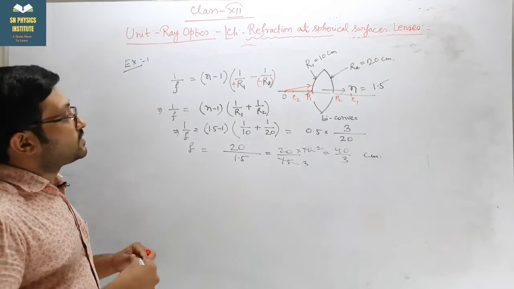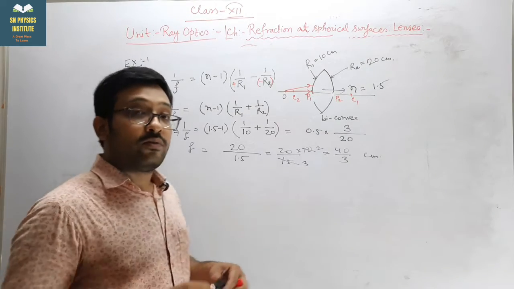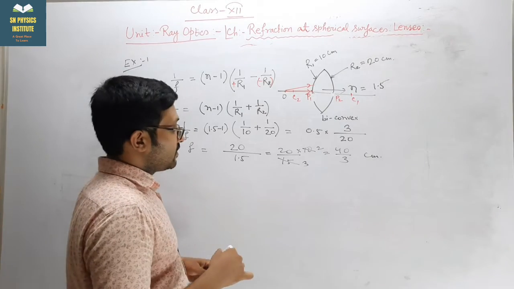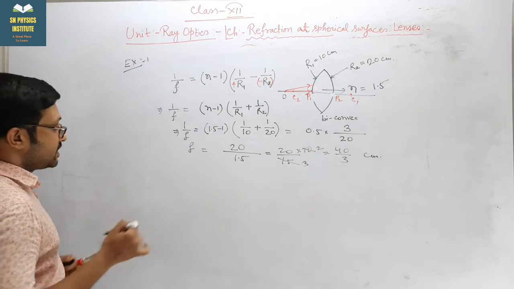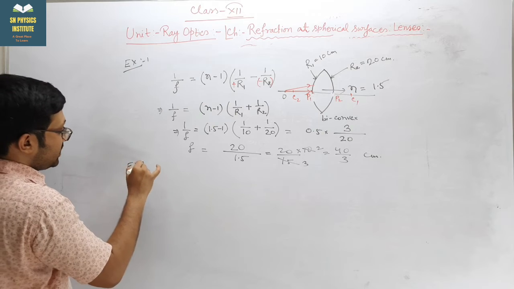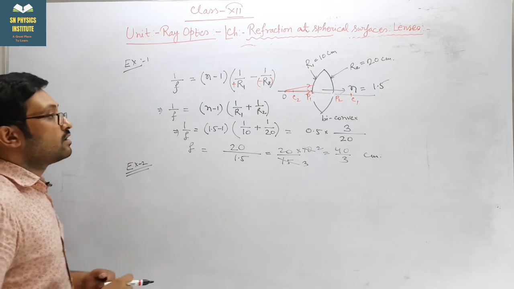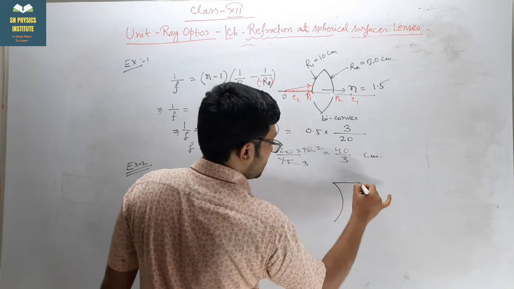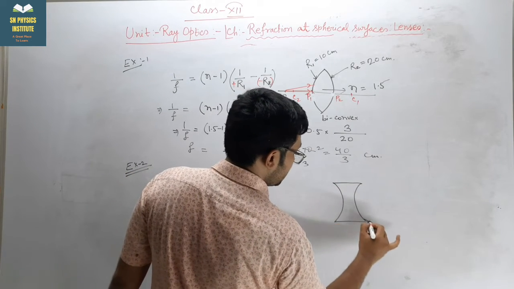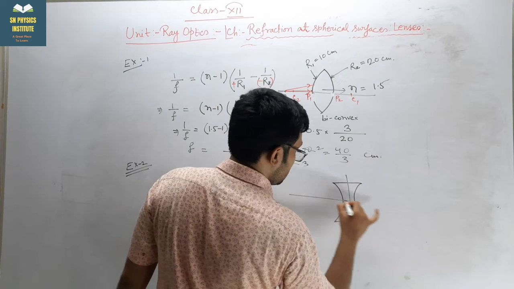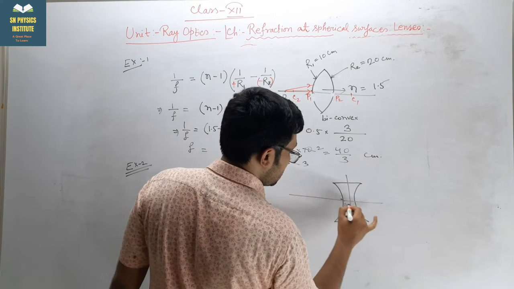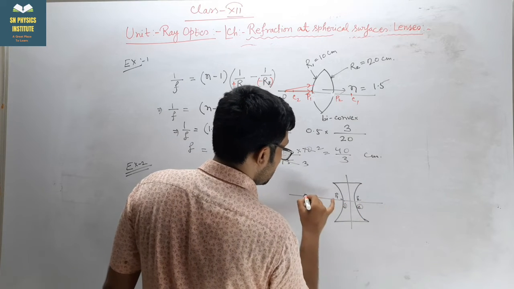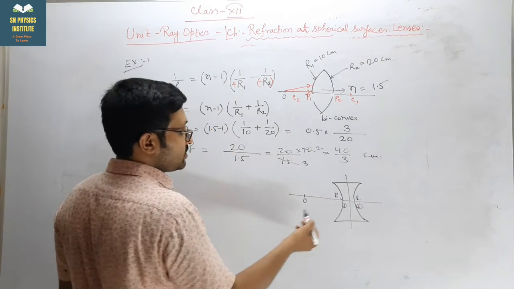Now if I consider the same problem for the biconcave lens, that is example number 2. This is the concave lens. This is the first surface, this is the second surface, with poles P1 and P2, and this is the object.